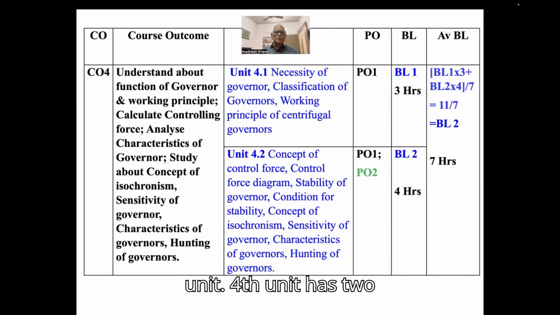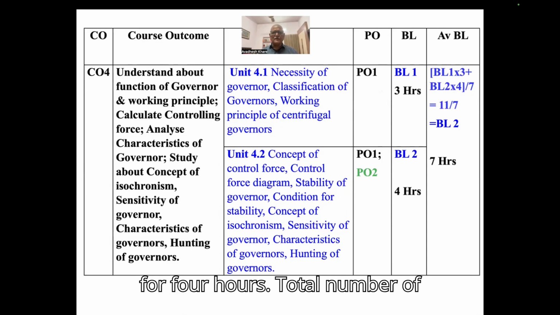The fourth unit has 2 subunits, 4.1 and 4.2. 4.1 addresses PO1 and is delivered at BL1 for 3 hours. 4.2 addresses PO1 and PO2 and is delivered at BL2 for 4 hours. Total number of hours allotted to unit number 4 is 7.